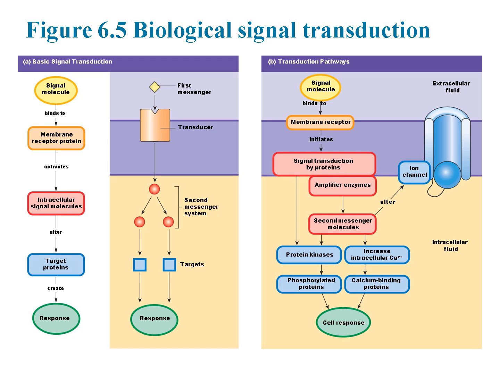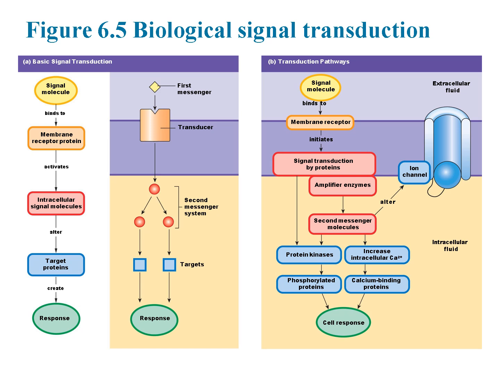This activates the receptor and triggers the production of intracellular signal molecules, often referred to as second messengers. These messengers then activate or alter target proteins inside the cell, which ultimately lead to a specific cellular response, such as gene expression, enzyme activation, or ion channel regulation.